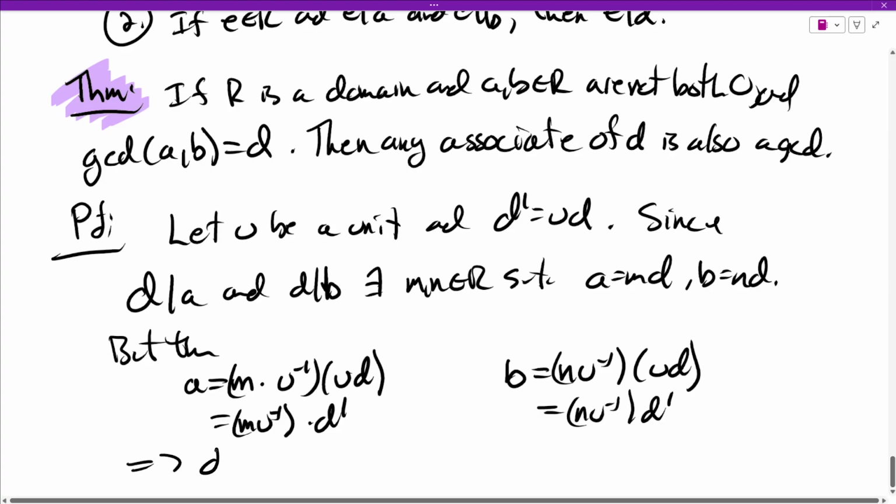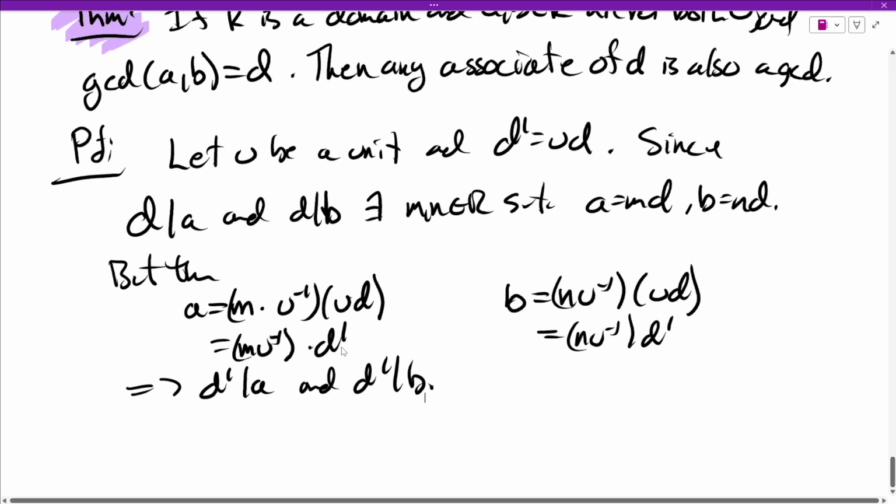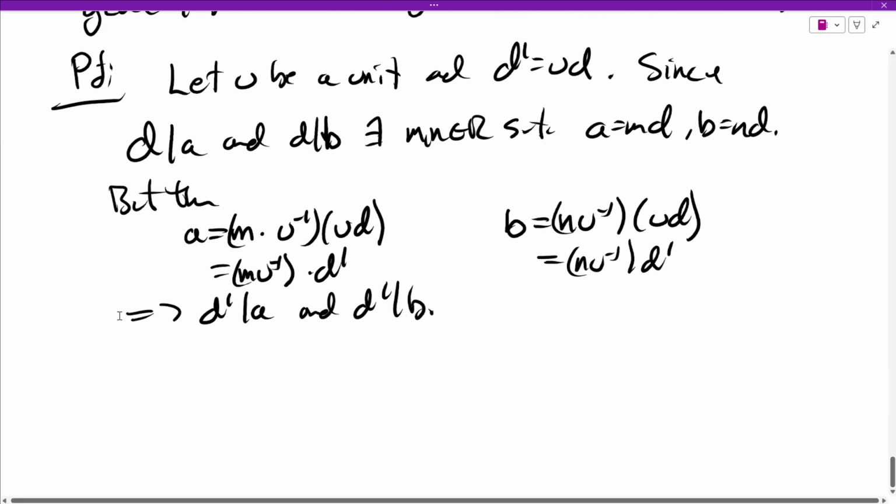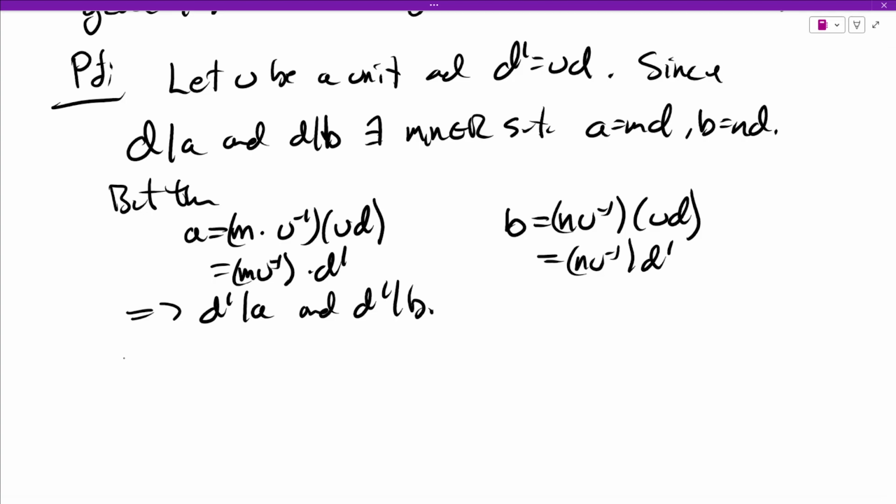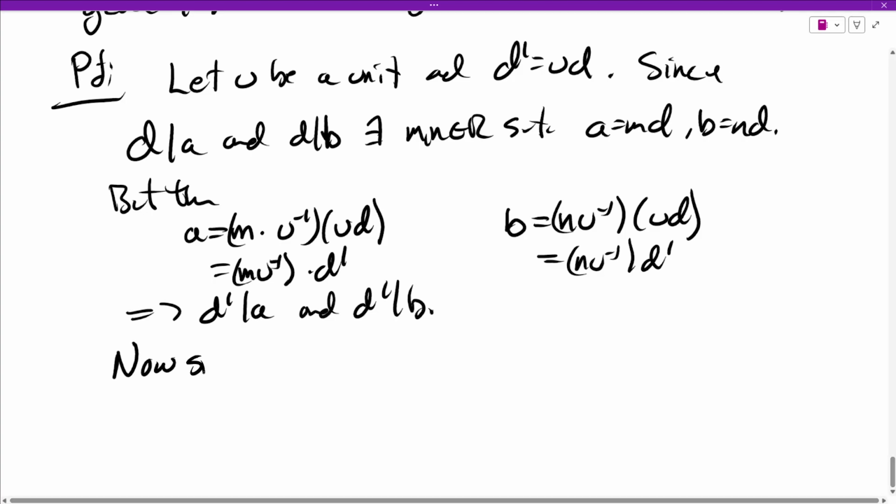So this tells us that D prime actually divides A and D prime divides B. So when we multiply by a unit, we have access to the multiplicative inverse, and that gives us the divisibility we want.